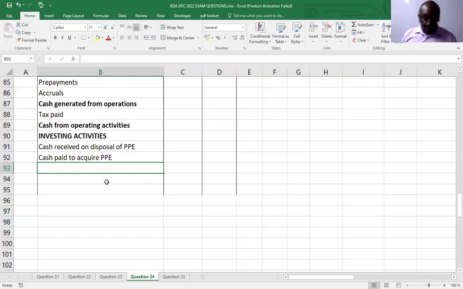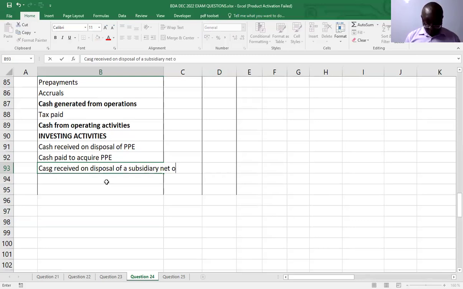What else comes quickly is cash received on disposal of a subsidiary, net of cash disposed.